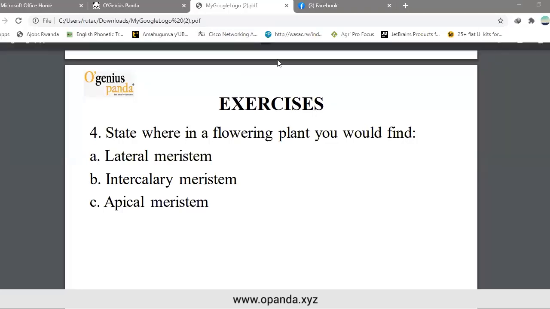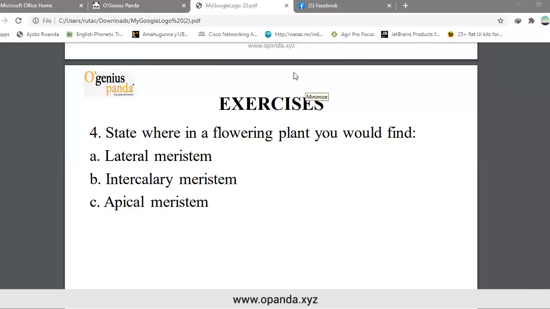Okay. Yes. Thank you. For the intercalary meristem, I think they're found in the root and shoot. They can be found in the roots. And shoot, those from which flowers are coming. Yes, for shoots. Intercalary meristems, first of all, in the roots, evidently. And the shooting parts also is possible. Thank you.